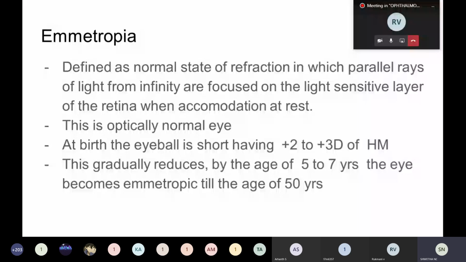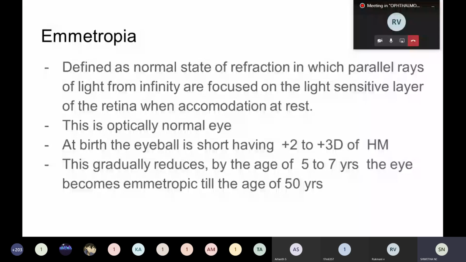This means the rays from infinity are focused on the retina, which is a normal state. There is no refractive error. Here the patient will have 6/6 vision, meaning it is an optically normal eye. The parallel rays are focused on the retina, so it is considered normal, what we call emmetropia.